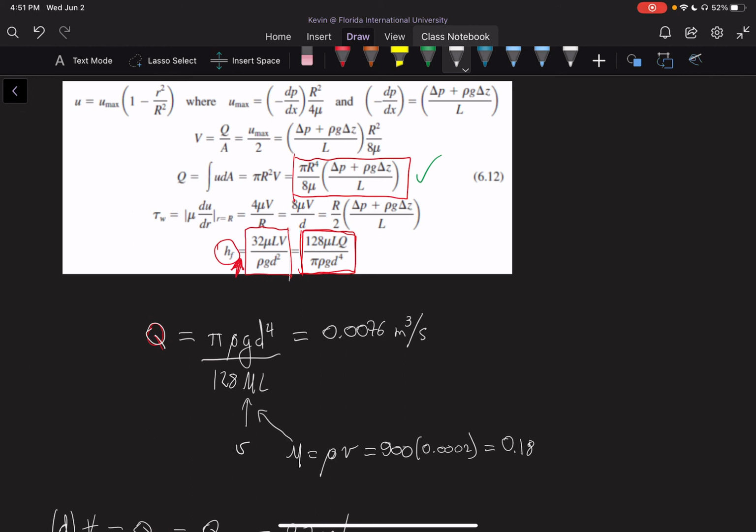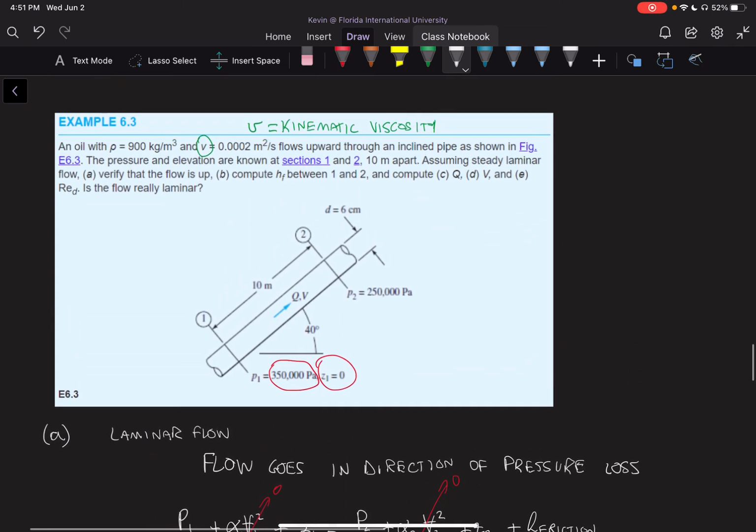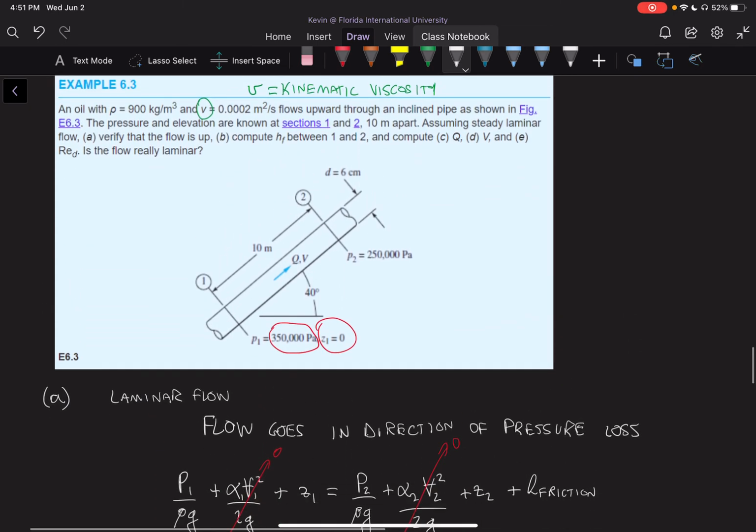We can find HF directly from an energy analysis of our pipe. We use an energy analysis to verify that the flow is up and also compute HF. Once we have HF, we can use the equation for HF to find Q and V, and Reynolds at the end can be found with the velocity of our flow.